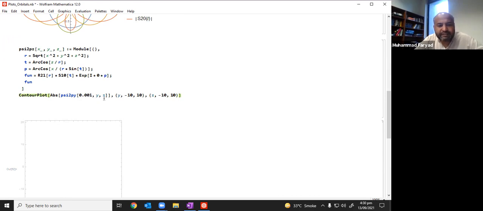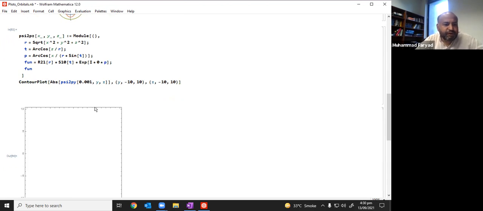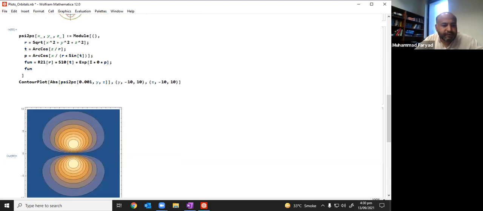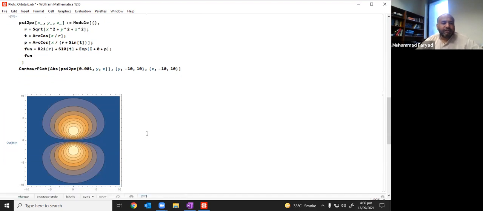So this Y and Z are variable, and I'm specifying Y and Z as -10 to 10. And then I'm making a contour plot. Oh, sorry, this is 2PZ. All right, so this is the contour plot of PZ orbital, and I can take the cursor to different places to see the magnitude of function at these contours: 0.16, 0.14, 0.1, 0.06, 0.04, and so on. So this is what gives us the contour plot of PZ function.